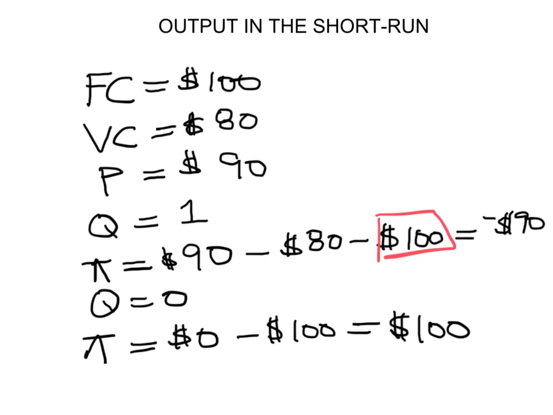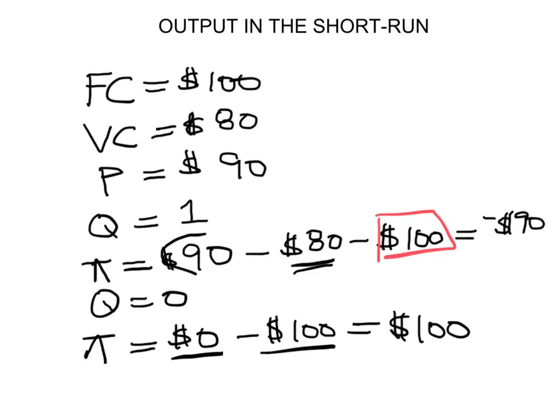So you see that in this situation, since the revenue you make from selling that unit covers the variable cost of $80, you're better off producing because you still have to pay the $100 and you're still in the hole for $90, but at least you have $10 over your variable costs to pay for some of those $100 of fixed costs. When you produce nothing, you make no revenue, you have no variable cost, but you also make no $90 in revenue, and you still have to pay the $100.